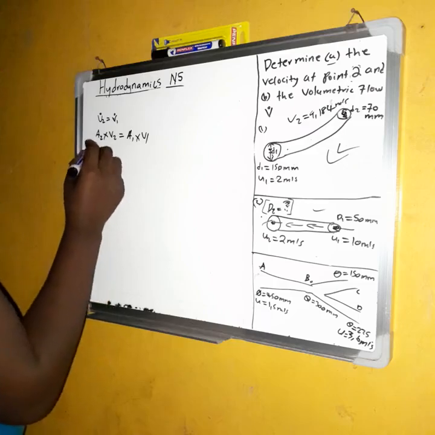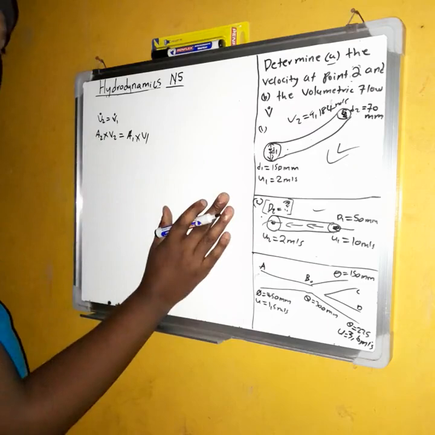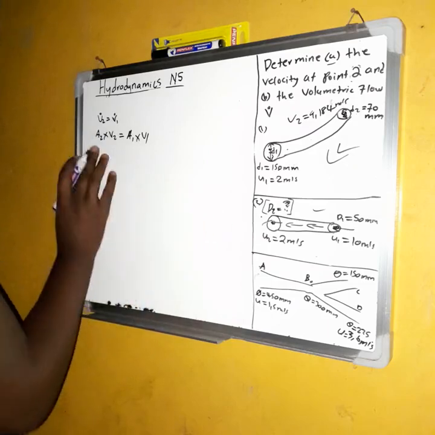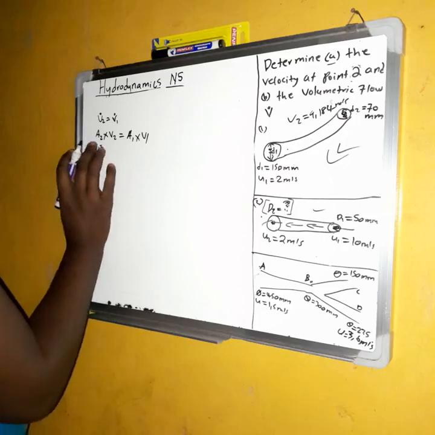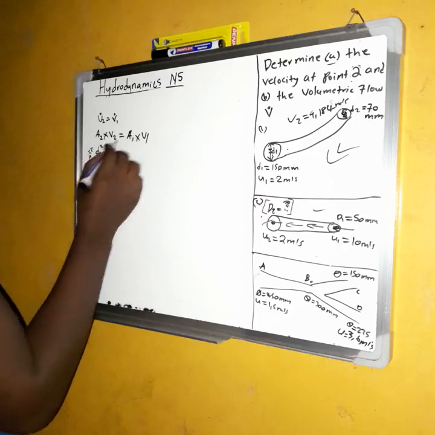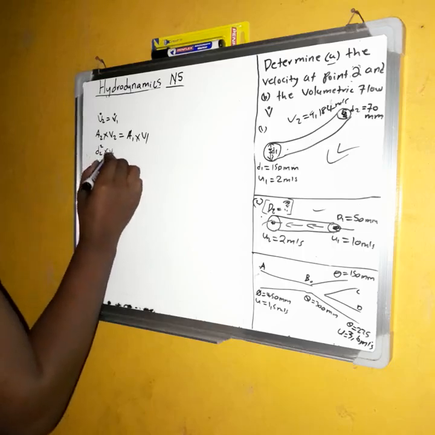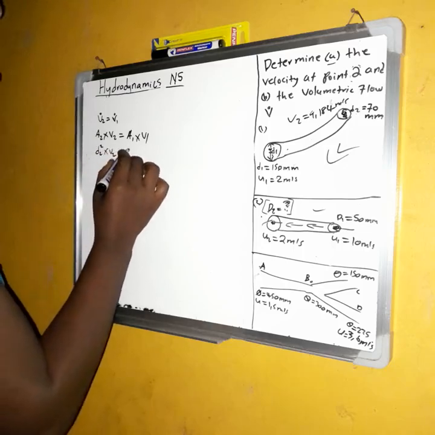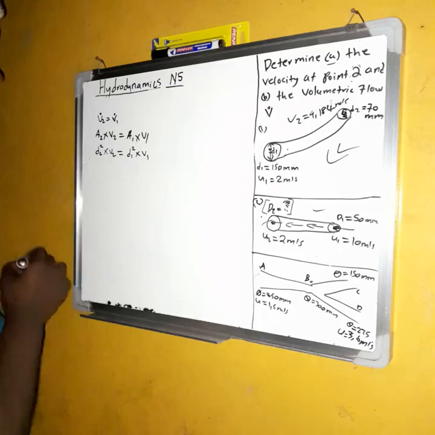But we know pi over 4 and pi over 4 will cancel out, right? So this we can say D2 squared. Do not forget the square, it will be wrong. Remember, the pi over 4 will cancel with pi over 4. That side will be D2 squared times V2, and this will be D1 squared multiplied by V1.